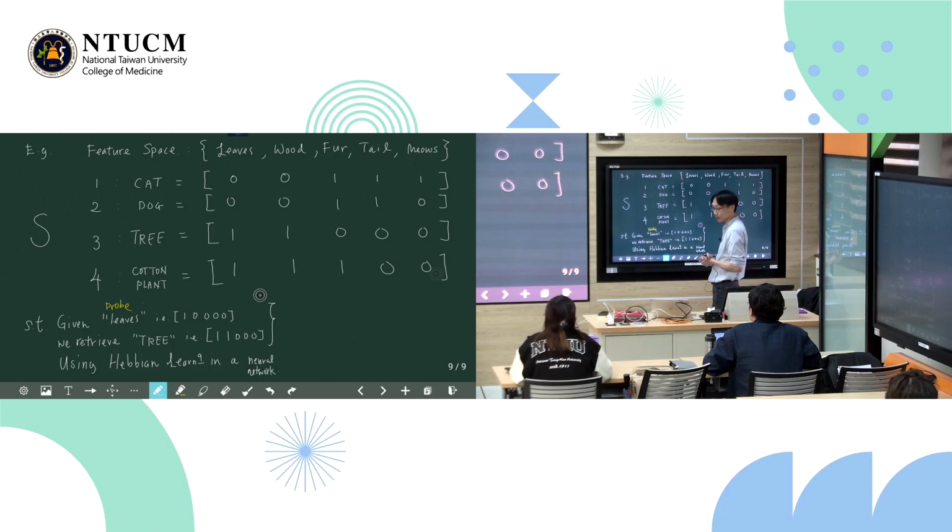For Hopfield specifically, we want to do this using Hebbian learning because the hypothesis is that a network that does Hebbian learning can do content addressable memory.